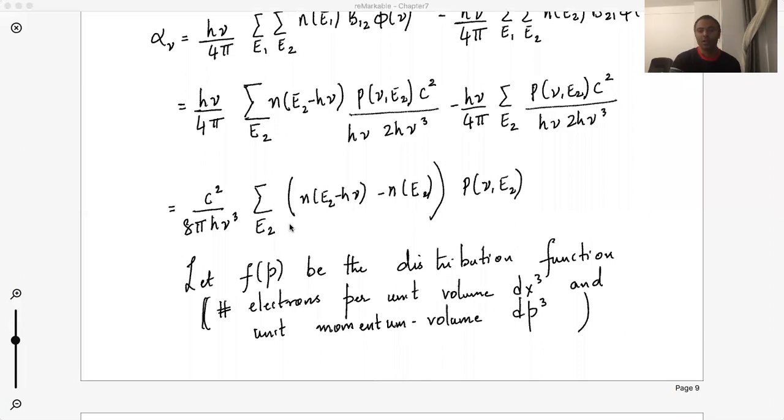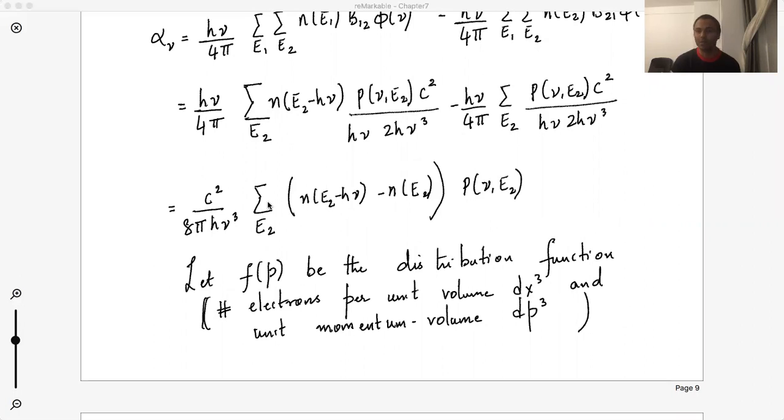Now, we can go a little further here, which is going closer and closer to the classical result which we want instead of the quantum mechanical result. The only sticking point right now is this summation here, the discrete nature of this summation. The problem is we have a continuous distribution of electron energies, right?